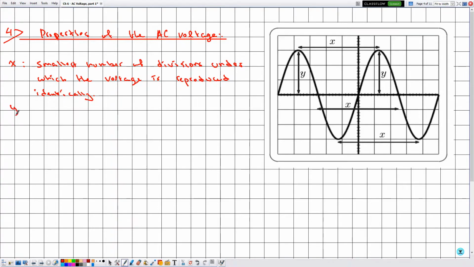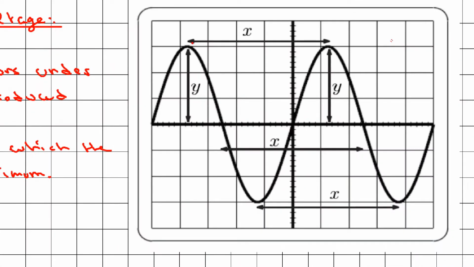Now as for Y, which is the number of divisions under which the voltage reaches its maximum, so this is the maximum point reached by the curve.